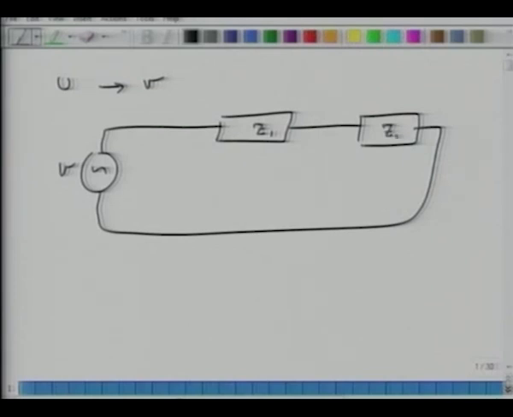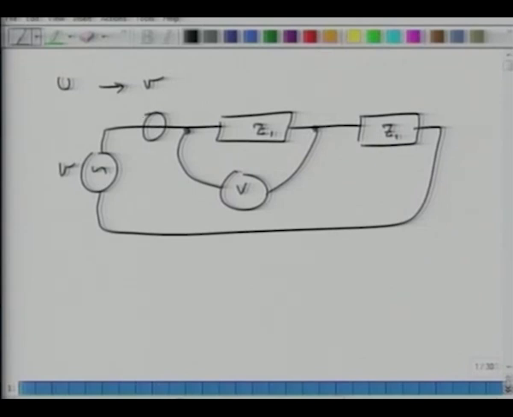It is physically possible for me to measure the voltage across this impedance by using a voltmeter, and in doing so I do not have to cut the cable here. If I have to measure the current, then I have to introduce an ammeter here, and actually physically cut the circuit.